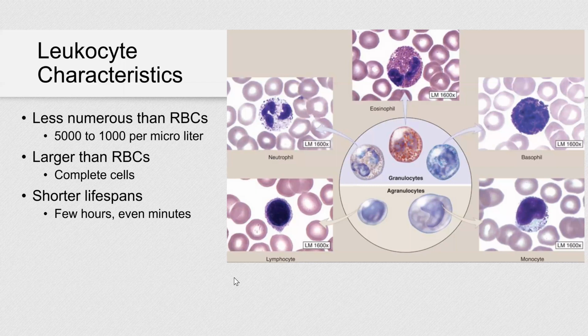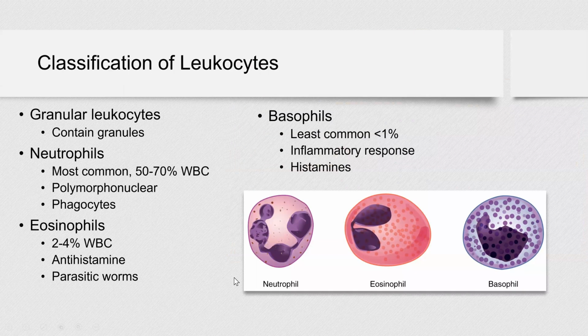Okay, so we already mentioned that leukocytes are divided into granular and agranular. Granular contain granules. Neutrophils are the most common. They are phagocytic cells. Actually, neutrophils, eosinophils, and basophils all have phagocytic properties, more or less. Neutrophils are pretty phagocytic. We call them microphages, not macro, but microphages.